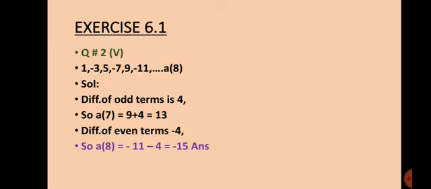But when we observe the even-positioned numbers, -3, -7, -11, the difference of these terms is also 4 but in negative form, as -7 minus -3, which is equal to -7 plus 3, is equal to -4.